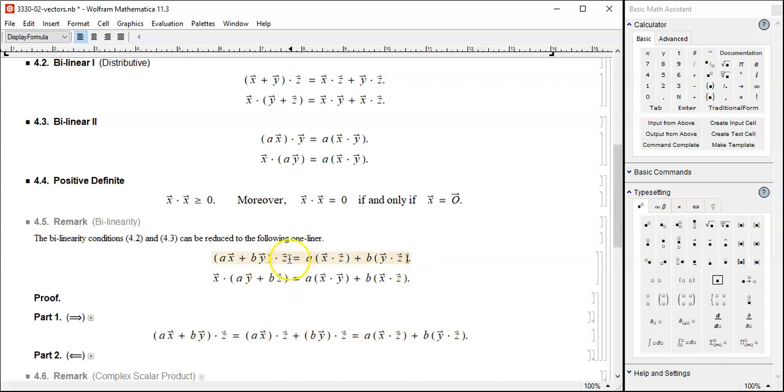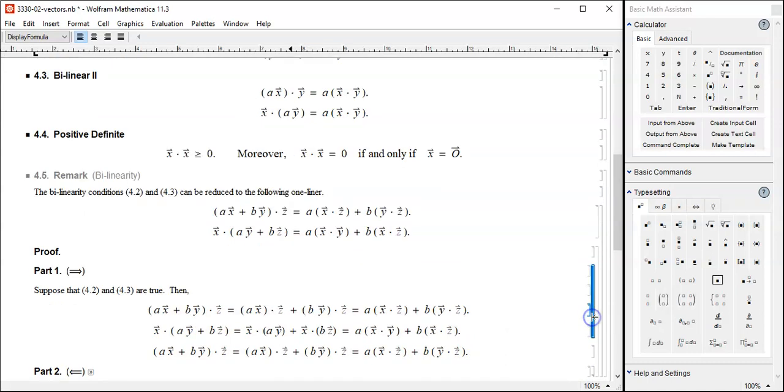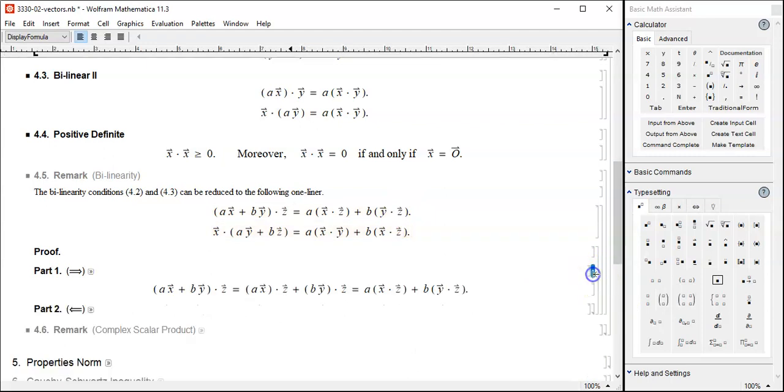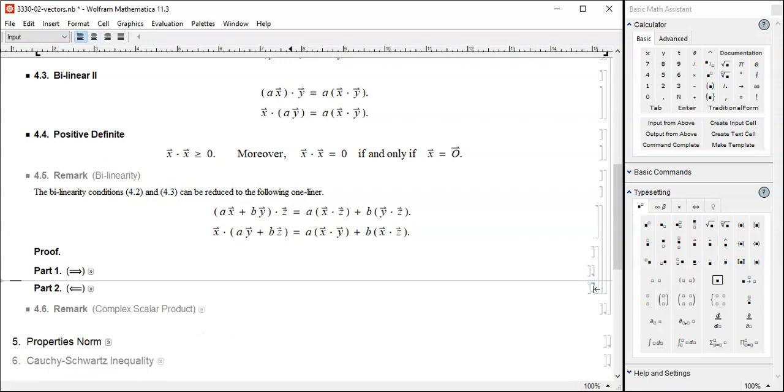We started from the left-hand side and applied the distributivity, and then took the scalar out twice, one for A, one for B. We get that. So that completes the proof. If you open up this notebook, I put proofs for both of them. Not only this one, but that one as well. But as I told you before, that's not really necessary. Okay, we are done with one direction.